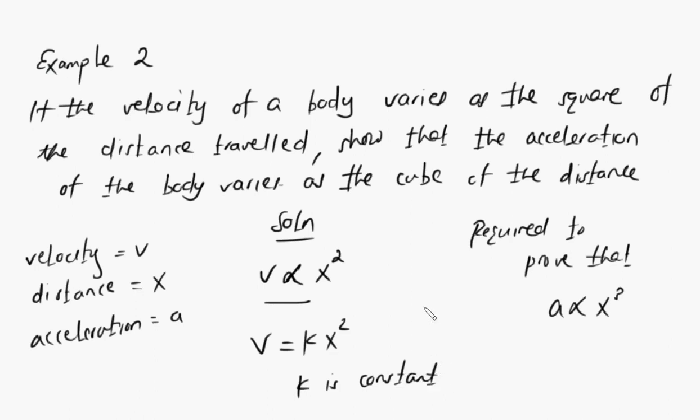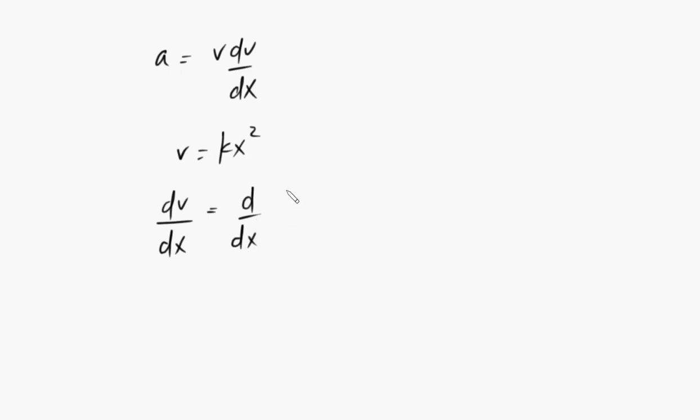But remember now, tulisema a is equal to v dv dx, okay? Remember this one? Nataka kuintroduce pale mwanzoni. Niliweka s lakini badala x. So kama v ni kx squared, dv dx itakuwa ni sawa tu na d dx ya kx squared.